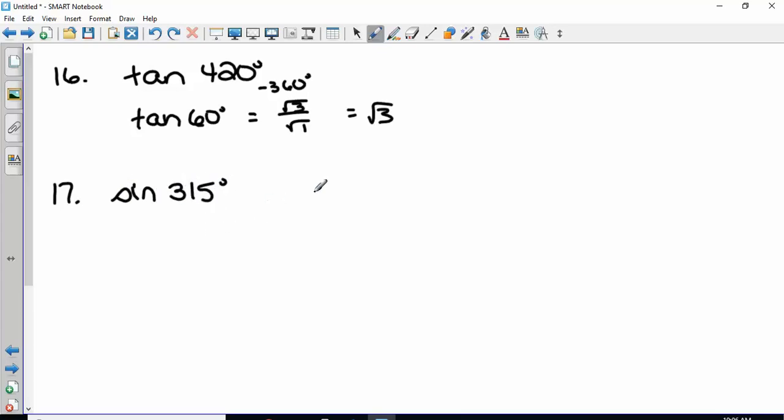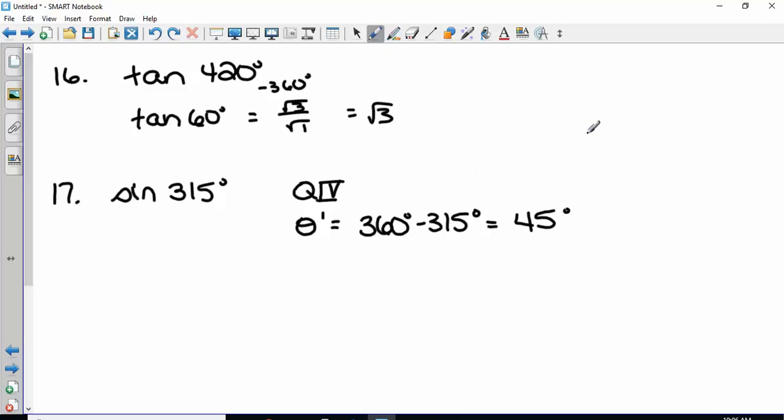So 315, what quadrant is that in? Reference angle. In quadrant 4 you do 360 minus 315, and you get 45. So you'll have 1 point for telling me that quadrant and reference angle. In quadrant 4, is sine positive or negative?